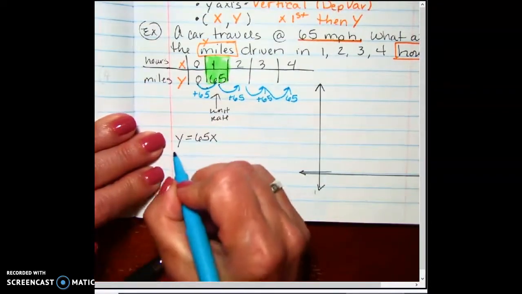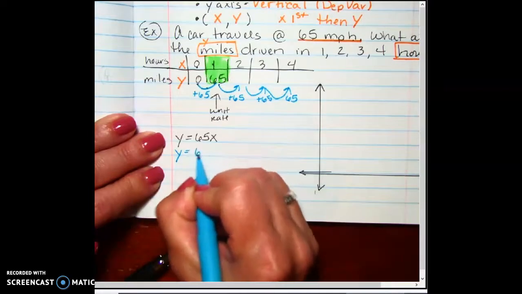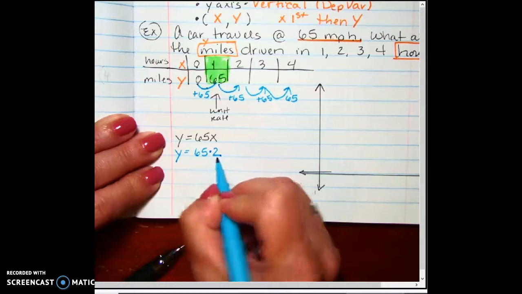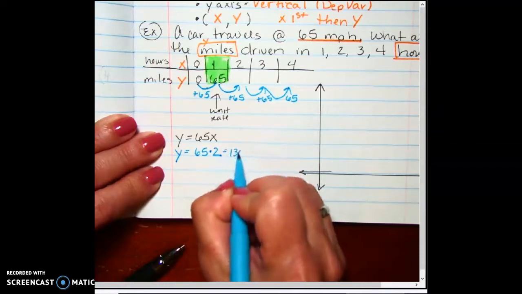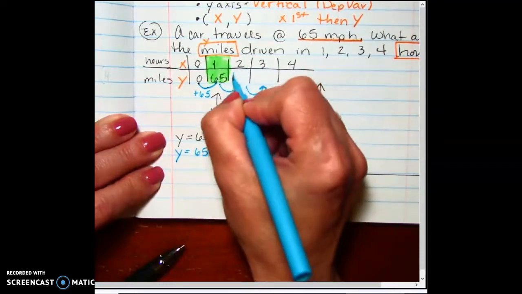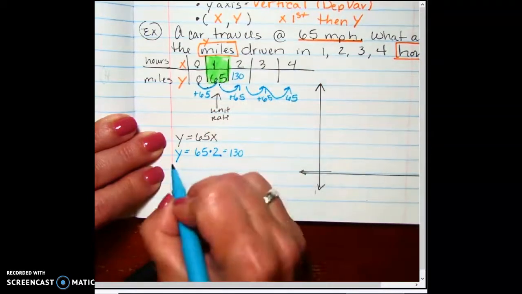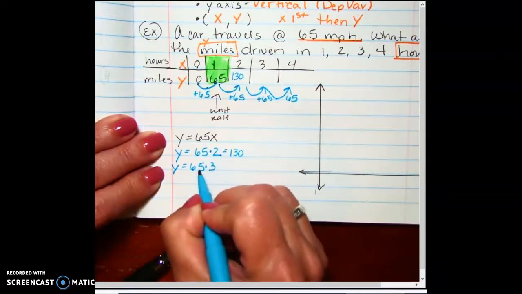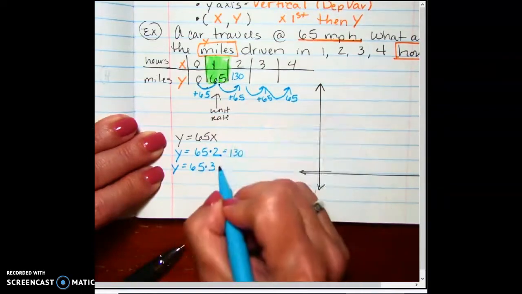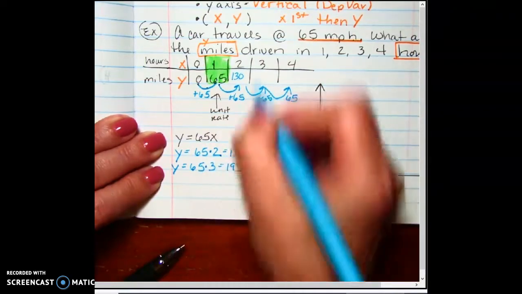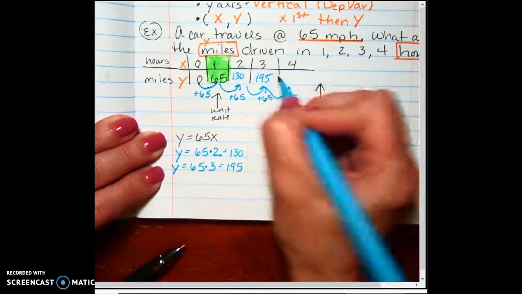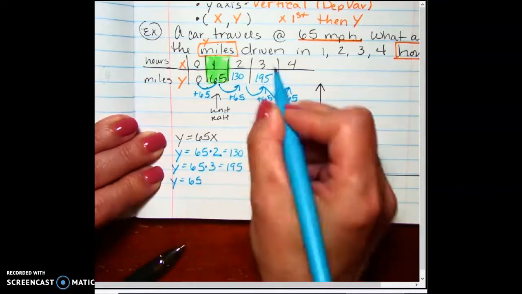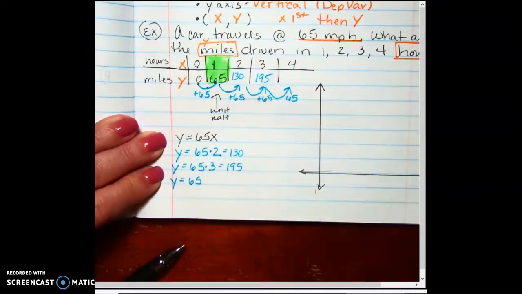So y equals 65 times 2. What does that equal? It equals 130. 65 plus 130, hey, it worked. How about y equals 65 times 3? 65 times 3 equals 195. Hey, it works. Let's see. y equals 65, and I'm just plugging in the numbers that were my given.